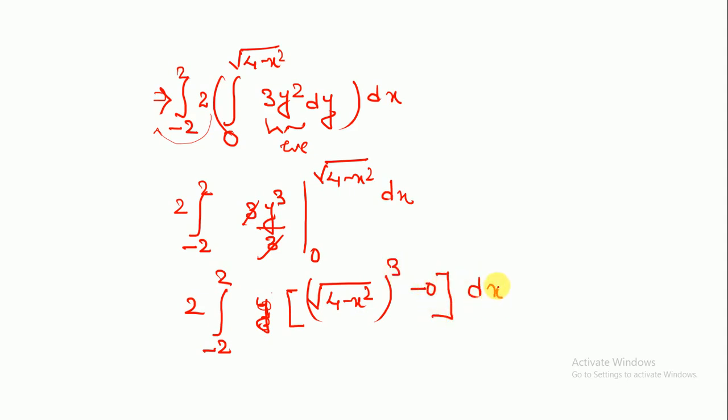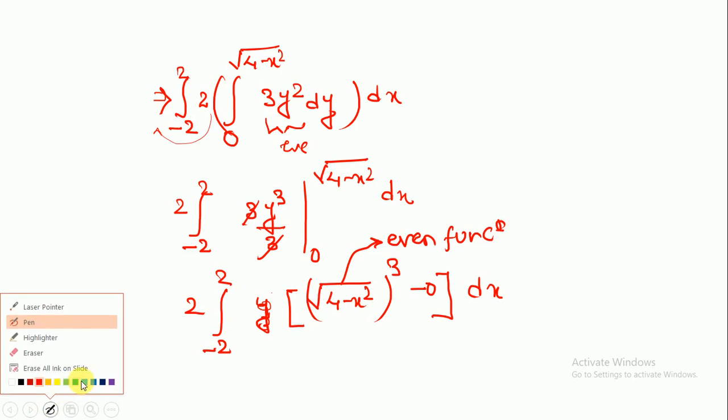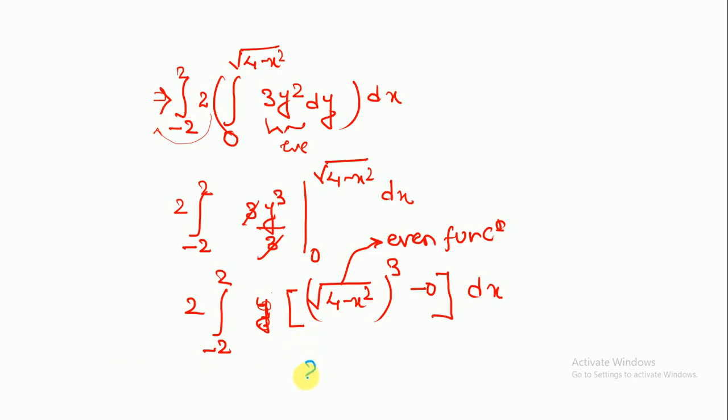Now in this question, what you will see is that this part is still an even function, so you can still apply the property. On applying the property again, you will get 2 integrate from 0 to 2, and one more 2 we should multiply outside.